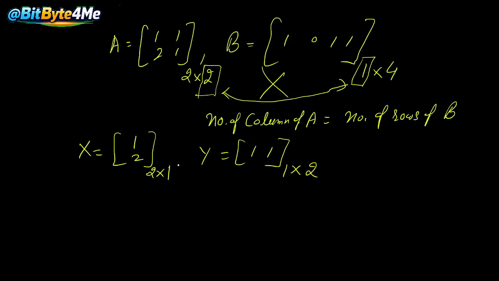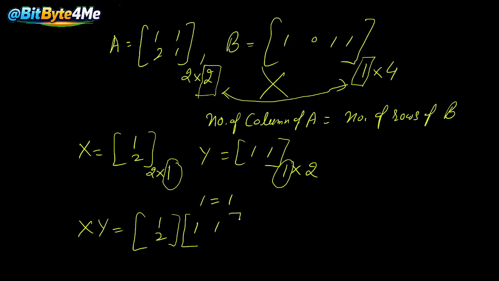So you can see that the number of columns of the first and the number of rows of the second are equal, 2 is equal to 2. So these two matrices can be multiplied. It means you can calculate x into y.